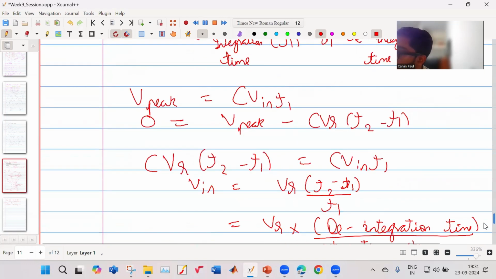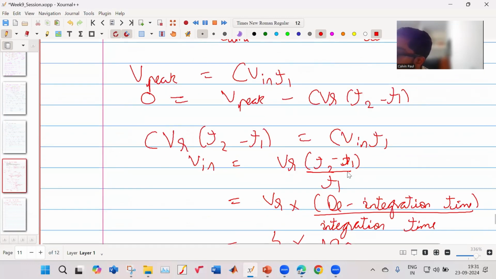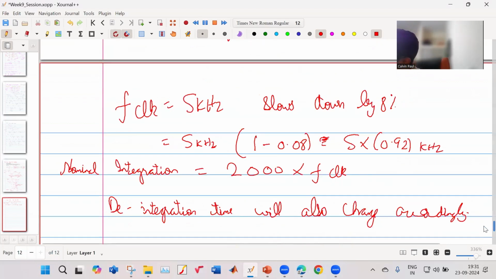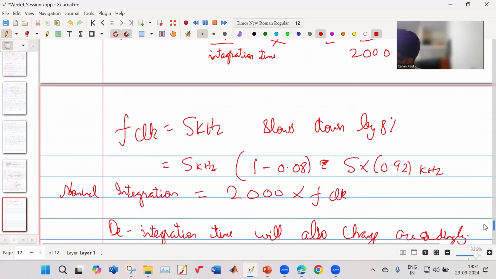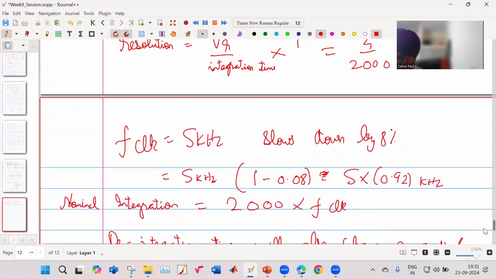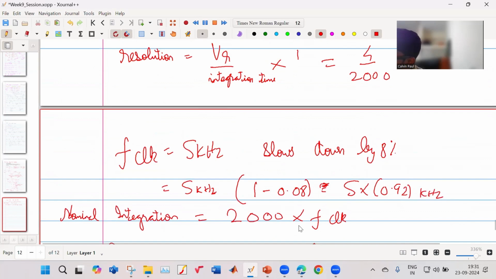So we know our integration time was given by T2 minus T1, and my integration time was T1. Now my T1 is dependent upon the number of clock cycles, and that is given by 2000. I was told that it will count to 2000.